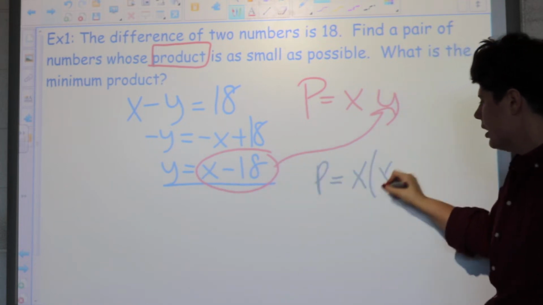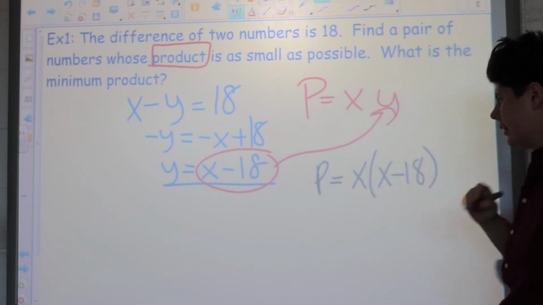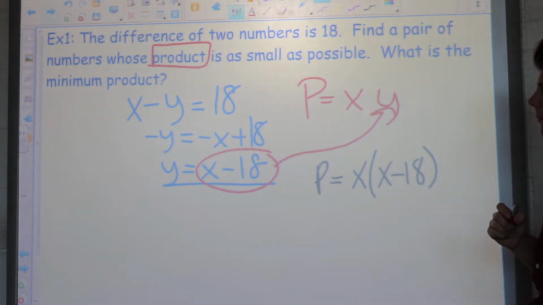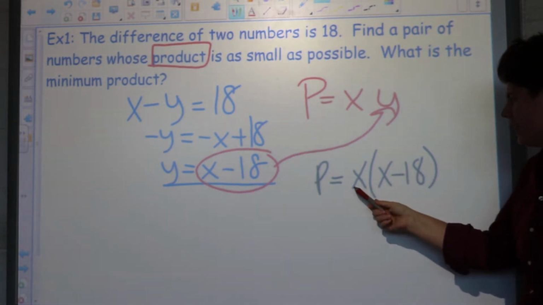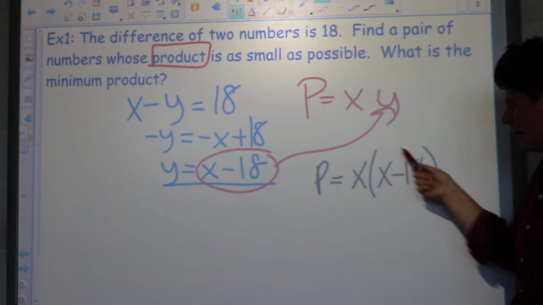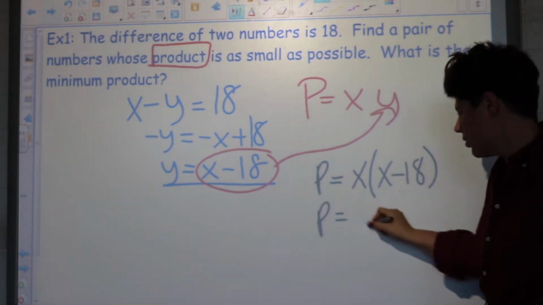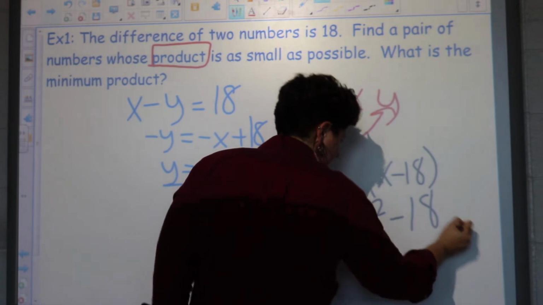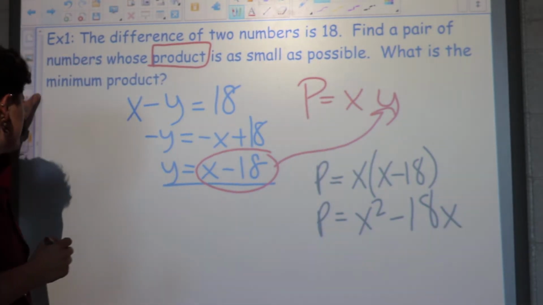So x minus 18. All right, so I can go ahead and distribute my x. So P equals x squared minus 18x. Sorry about that. Don't forget to distribute that x there.